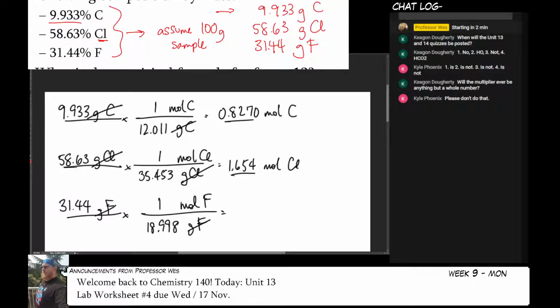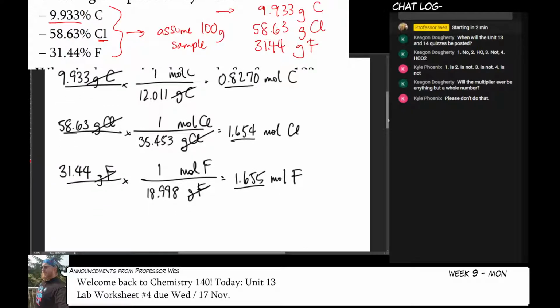I hit enter too early. Hold on. There we go. When you do this, you'll notice, oh, look at that. Actually, what you get is 1.655 if I round correctly. But that's close enough, right? Those are essentially the same, chlorine and fluorine.